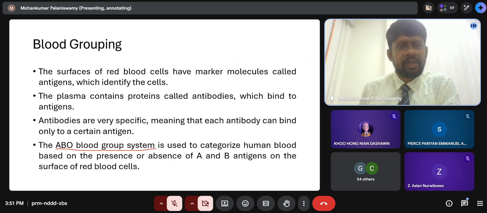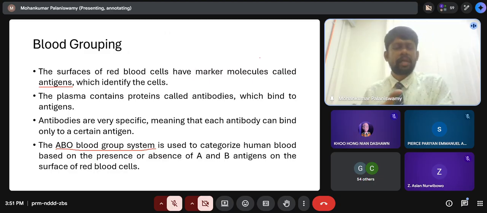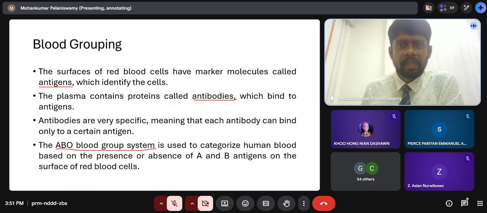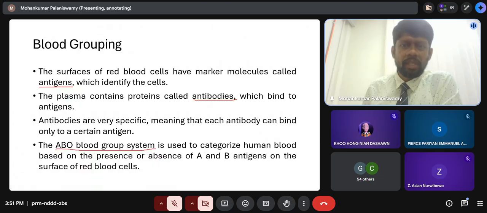The surfaces of the red blood cells have marker molecules called antigens. So every red blood cell has a marker called an antigen. Then the plasma present in the blood contains proteins called antibodies, which bind to these antigens.